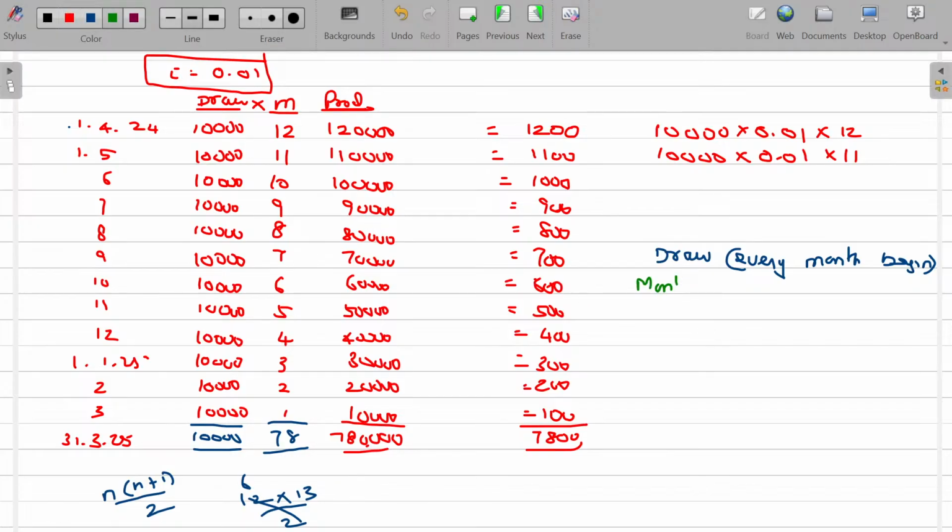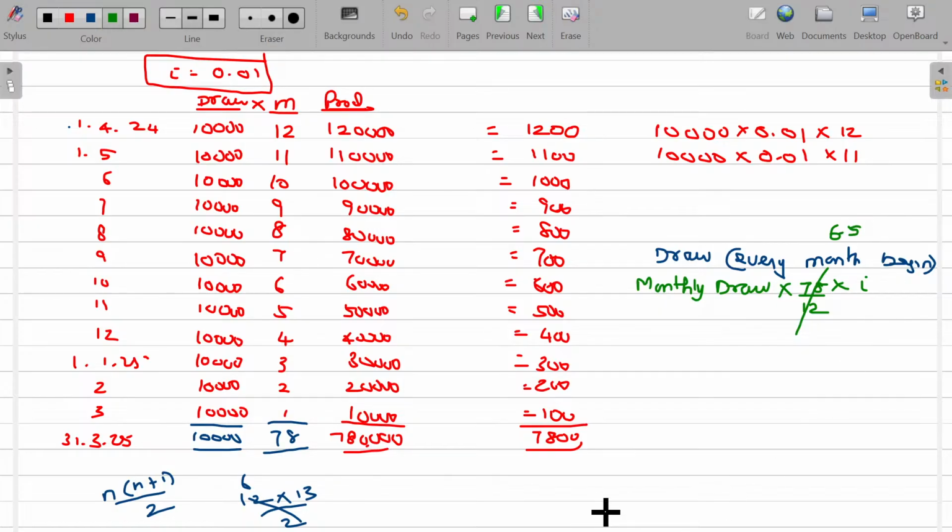Monthly drawings multiplied by 78 into 12%, but you have to convert that into the year. 78 months is converted into years this way: 78 divided by 12 into rate of interest. 78 by 12 is what? 6.5. Or you can use 13 by 2 also.